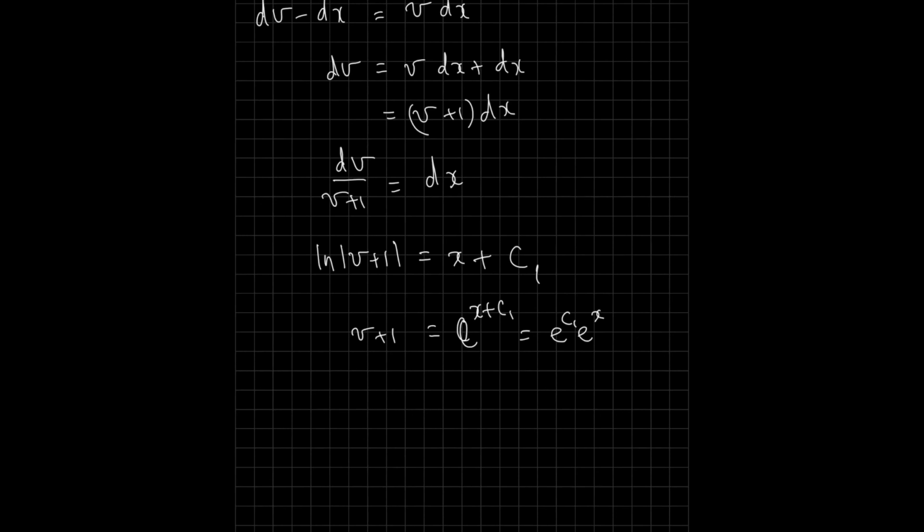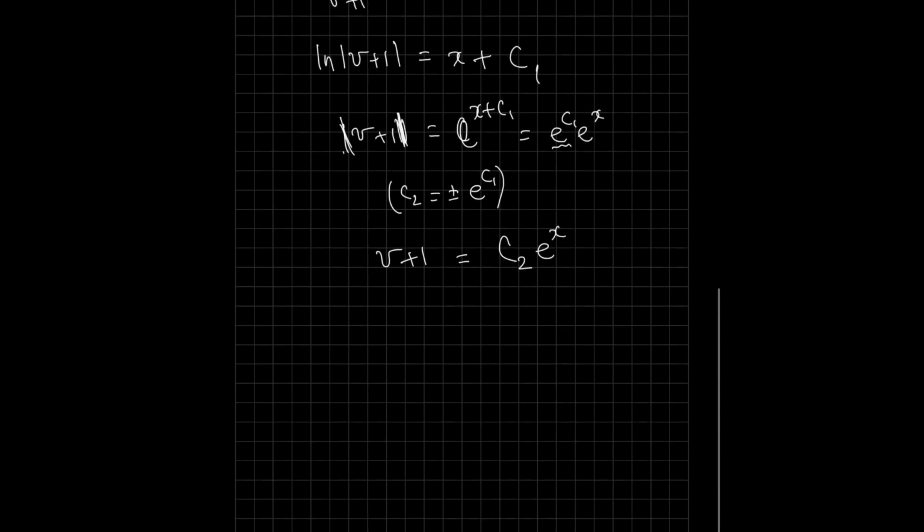This e to the c sub 1 is another constant, and it could just subsume the signs, so you could eliminate the absolute value symbol here. So if we have c2 equals plus or minus e to the c sub 1, we can eliminate the absolute value signs, and we get v plus 1 equals c2 e to the x.